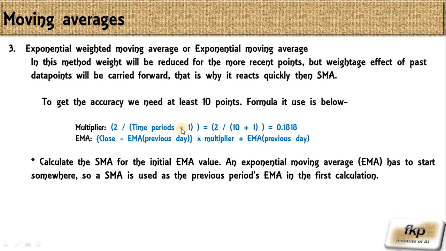At the 7th point, 2 by 8. Got it? Since we don't have the previous value for the first data point, the first point will be taken from the simple moving average, because the exponential moving average has to start somewhere, right? That is why.